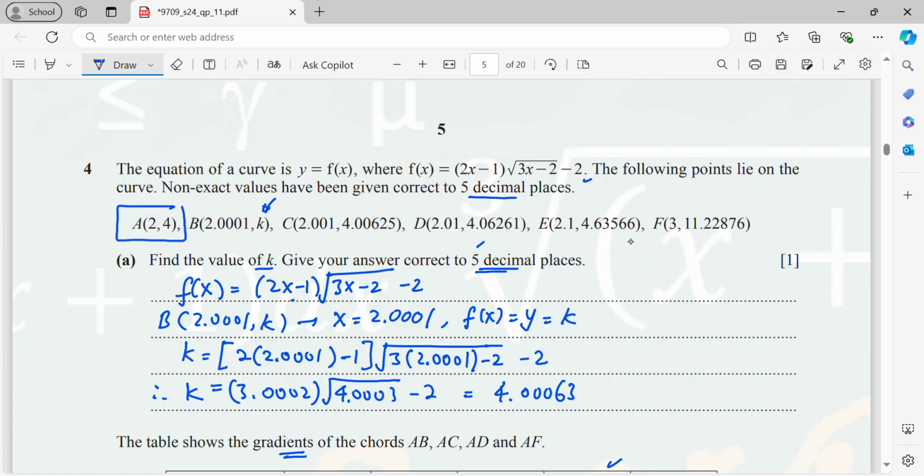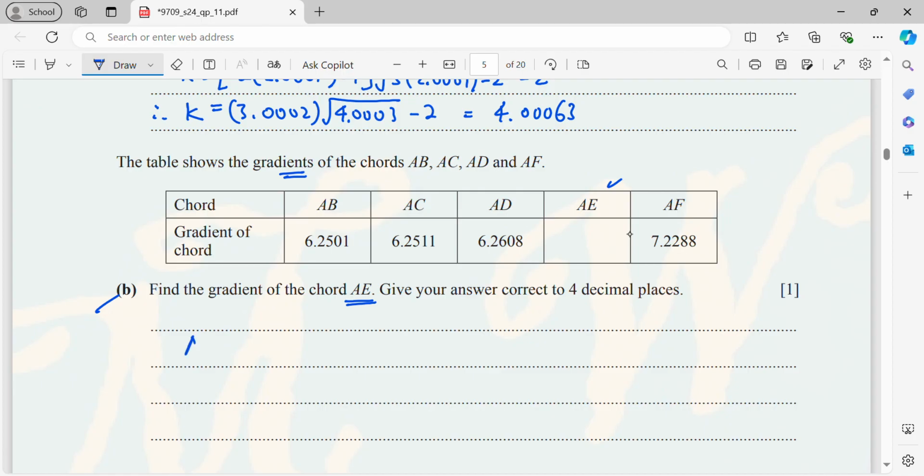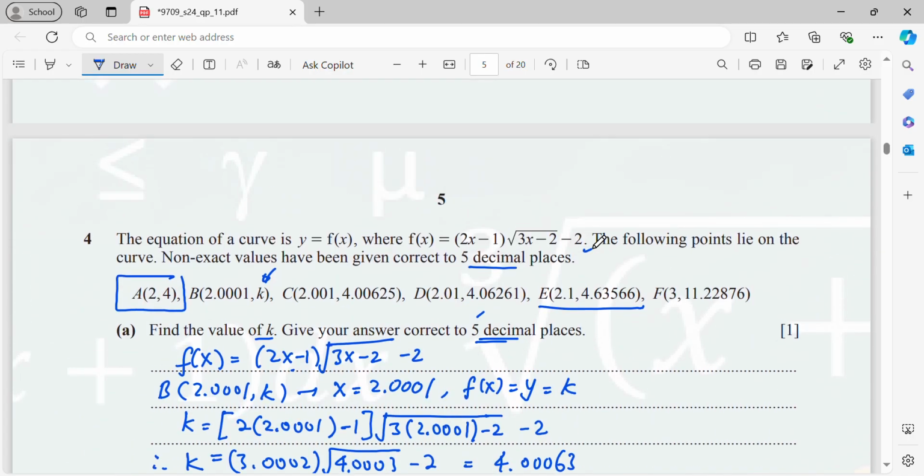Your A is 2, 4. Your E has these coordinates. So I will copy down these two coordinates first. So which means my A is 2, 4. My E, the coordinates will be 2.1, 4.63566. Okay, when you refer to the coordinates here.